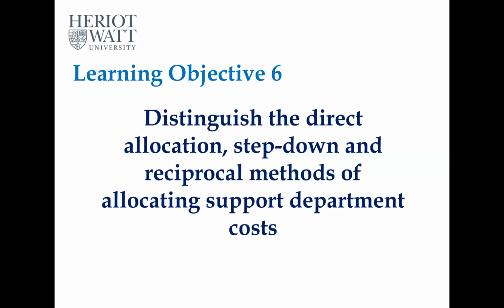You are to distinguish the direct allocation method, the step down method, and the reciprocal method of allocating support department costs. So basically, that's what you are supposed to do. Three of them. Remember, we did say last time that when cost comes, it's usually just huge amounts that come all together, and these huge amounts need to be allocated to different departments.